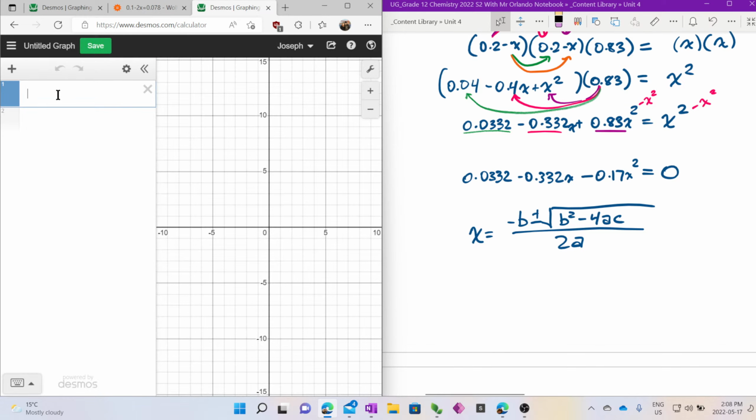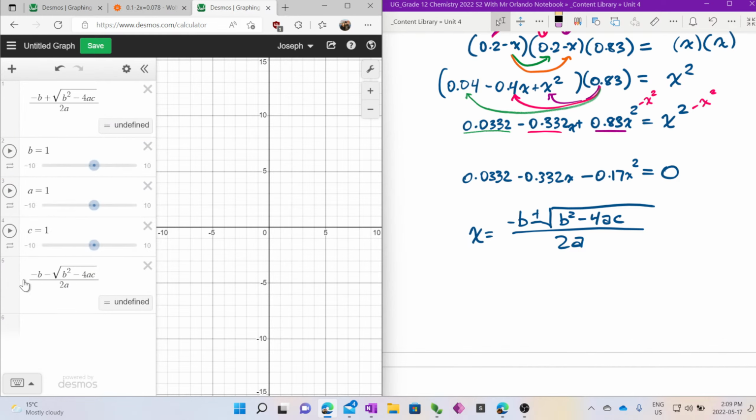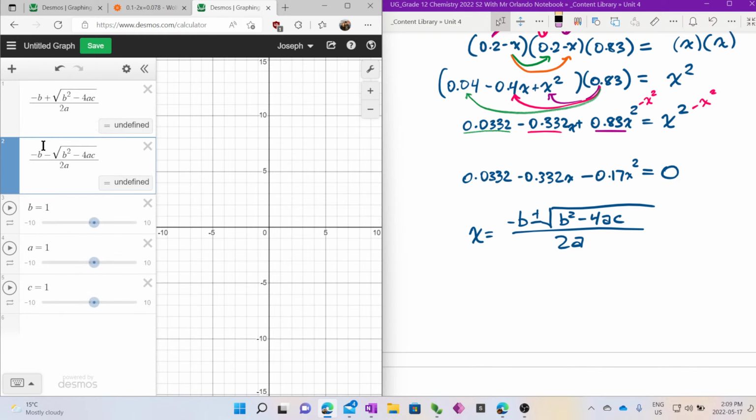All right. And then if you want to set up a quadratic equation, just set it up like negative b plus the square root of b squared minus 4ac all over 2a. My advice would be, copy and paste that and do it with a minus. When you're doing chemistry that's going to have equilibrium stuff like this, build this before you do a single question. Does that make sense?